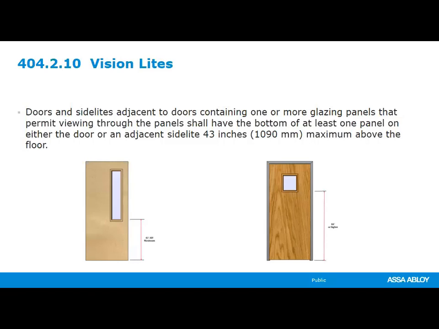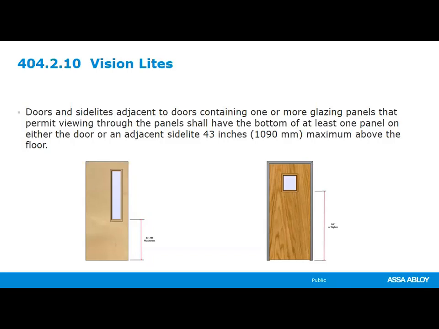Those with a vision light are typically used in stairs. And while you may use a stair as an area of refuge and you can wheel your wheelchair and wait in a safe area of refuge, it's not cross traffic. You're going to have people leaving the building, not coming in at the same time.